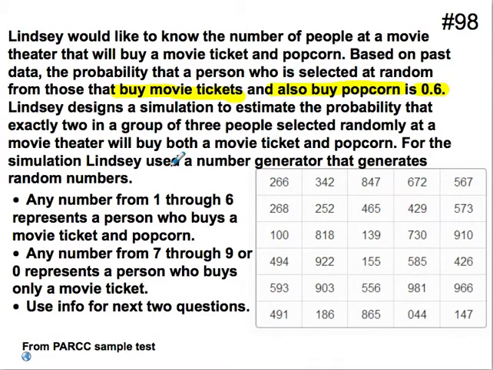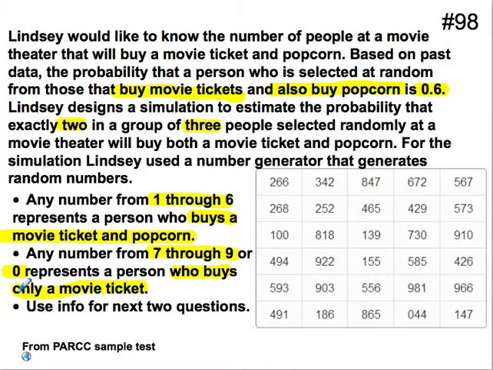And she used a number generator that generates random numbers to show her data to us. So here's how the generator works. Any number from 1 through 6 is a person who buys a ticket and popcorn. The numbers 7 through 9 and also 0 is a person who buys only a movie ticket.